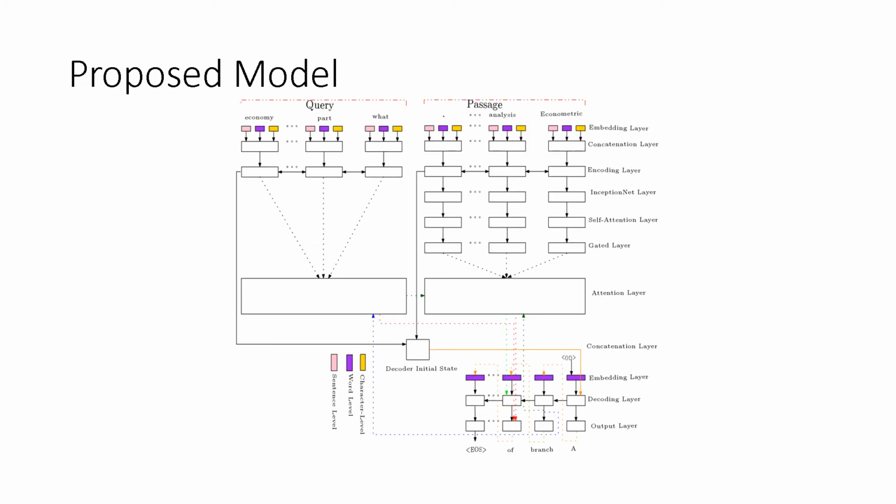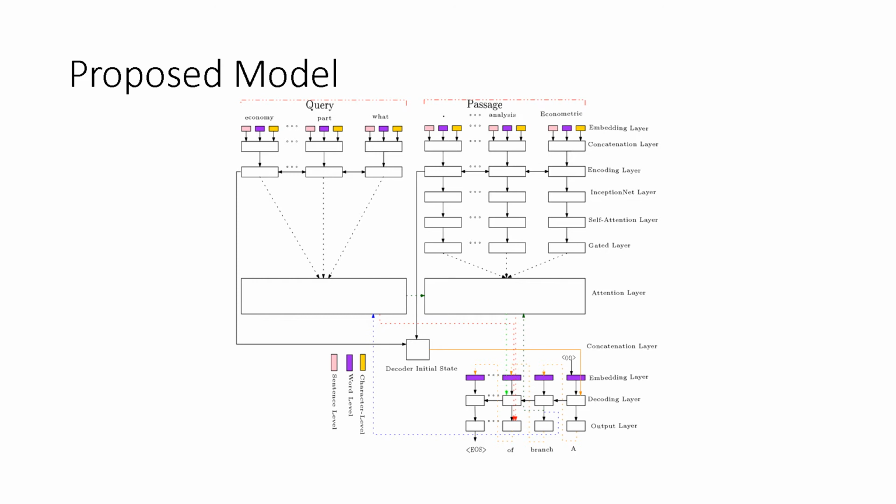At the bottom layer, we have the embedding layer, which is responsible for converting the characters, words, and sentences to a machine-readable vector space. Then we have the concatenation layer, which is responsible for combining the three embedding sequences.